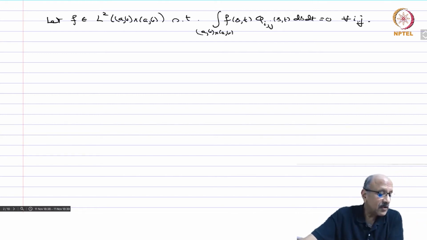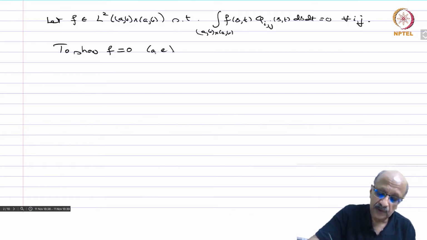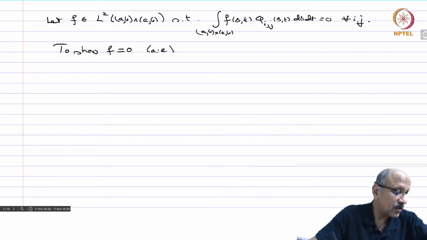Then we have to show f is equal to 0 almost everywhere, of course, that means it's 0 in the L2 sense.